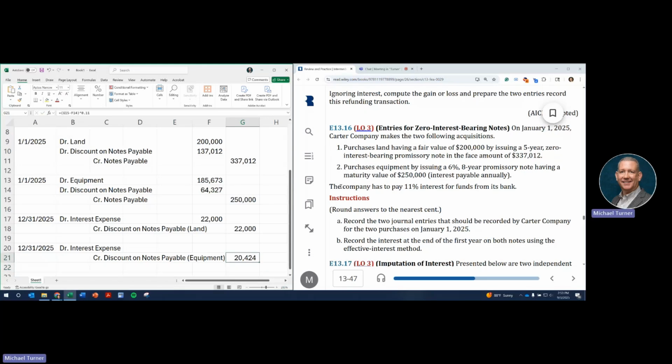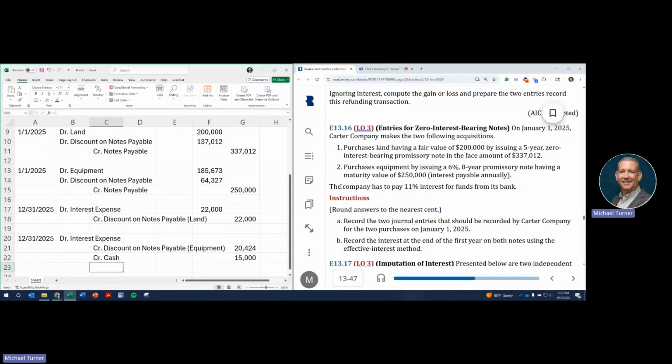However, we know we have to make a cash payment, so stand by on this amount for a moment. Our interest expense is not simply the amortization, it's also going to take the amount of cash that we have to pay. And we found that a minute ago to be $250,000 times 6%, which was $15,000.